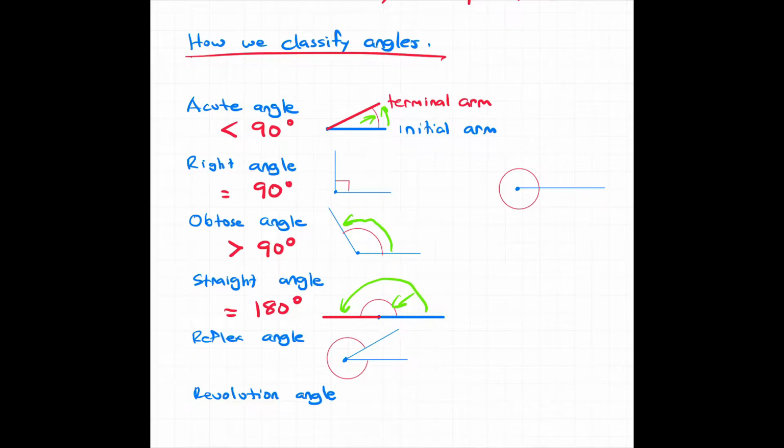And a revolution angle, well, it's the last one right here. And basically that one is equal to 360 degrees. So it's important that you include that degree symbol, because otherwise the number 360 doesn't really mean anything.